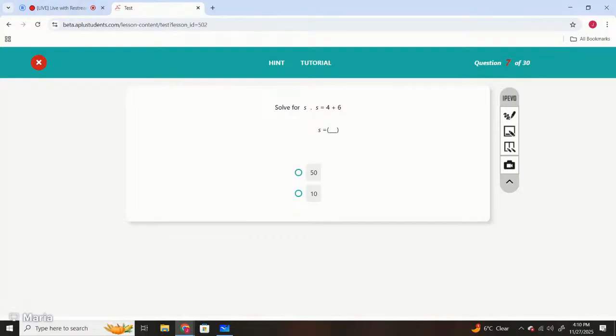Solve for S. S is equal to 4 plus 6. So 4 plus 6 is 10. Option number 2 is the correct option. S equals 10.